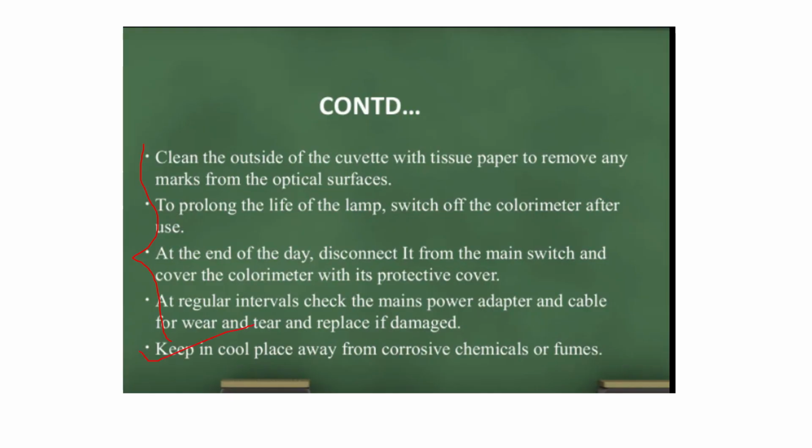We have to do servicing from time to time, and at the end of the day, we have to disconnect from the main switch and turn off the lamp. You cannot keep it on for a long time, otherwise the tungsten lamp may get deformed or become non-functional because of over usage or continuous usage. This is all about the colorimeter.